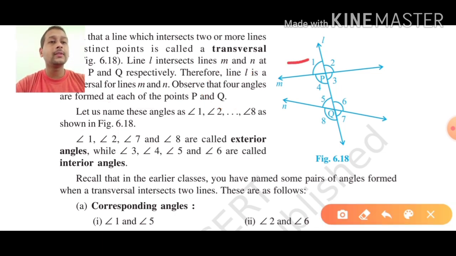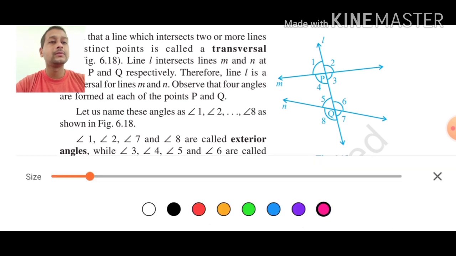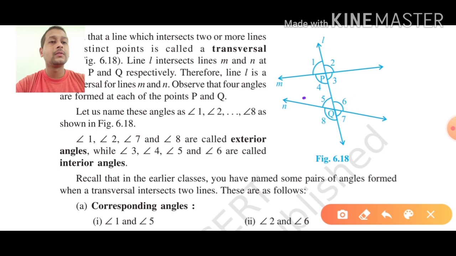See here, 1, 2, 3 and 4 angles are formed. Likewise, the other four angles are formed at Q also.